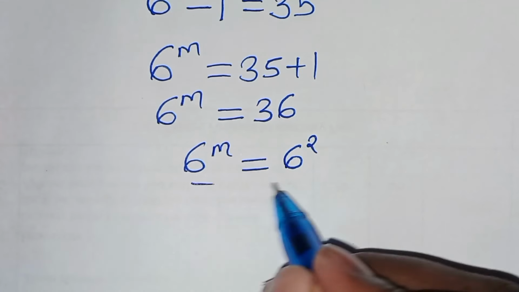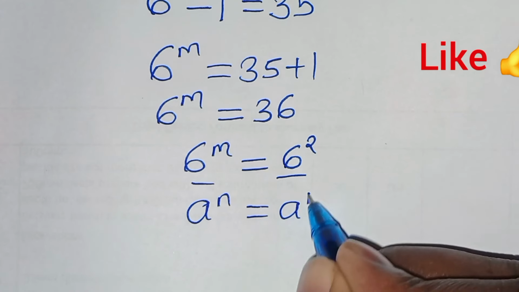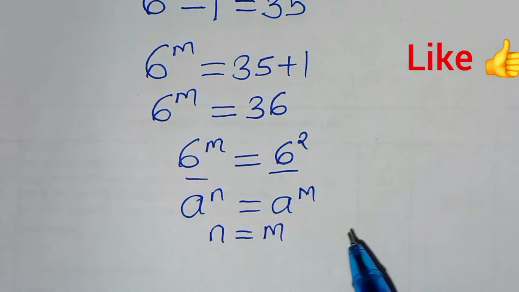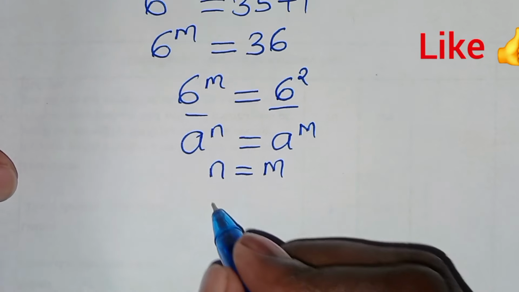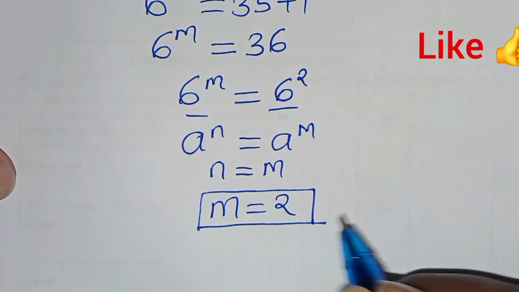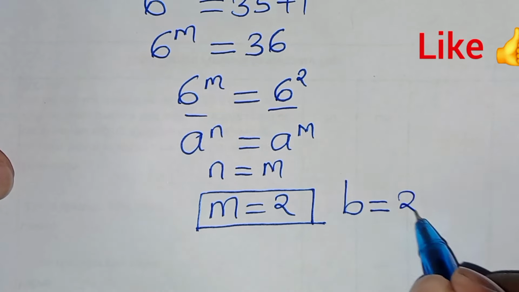Since the bases are common, the exponents are equal, so m is equal to 2. So we have m equal to 2 and b equal to 2.